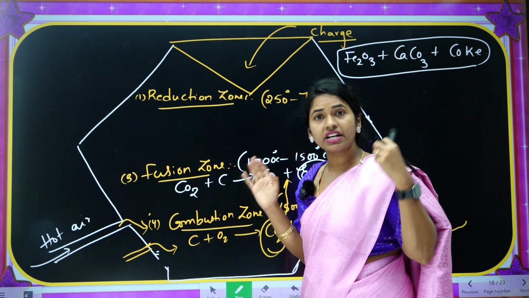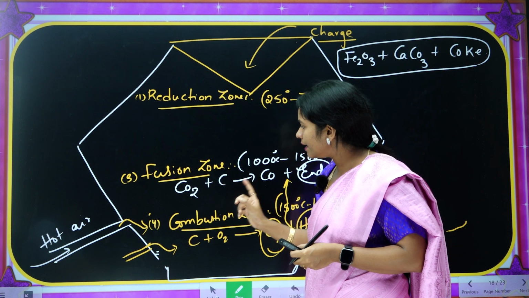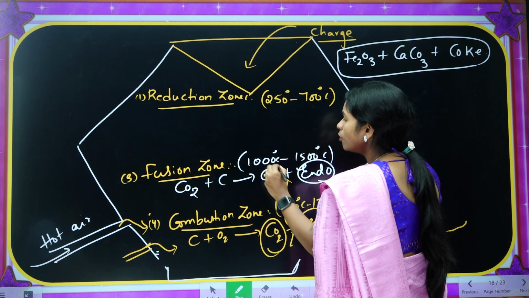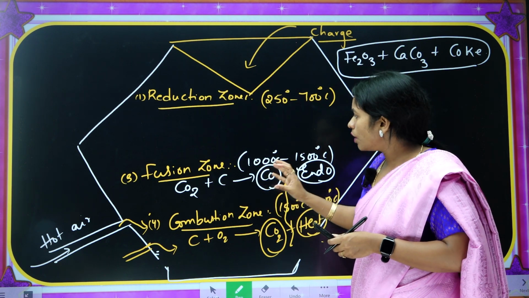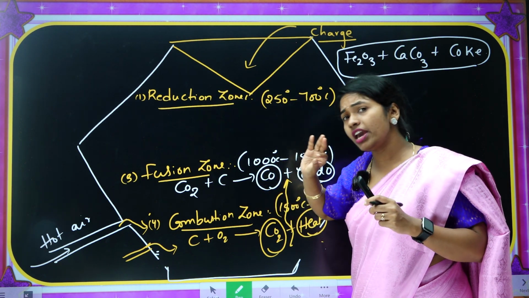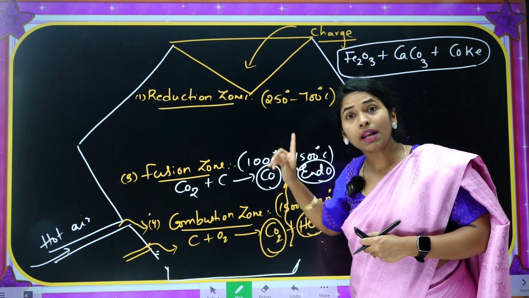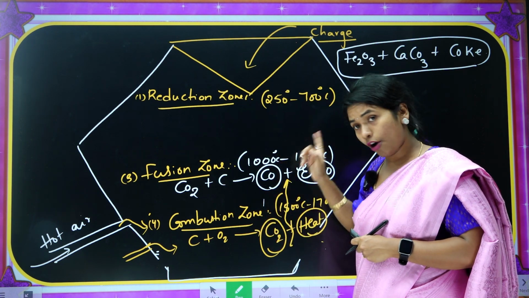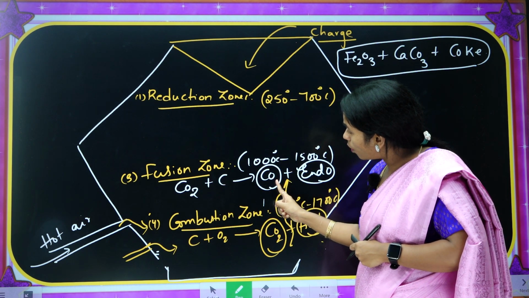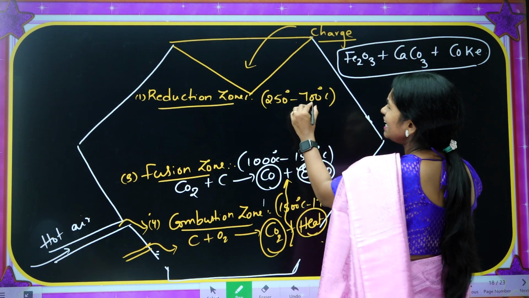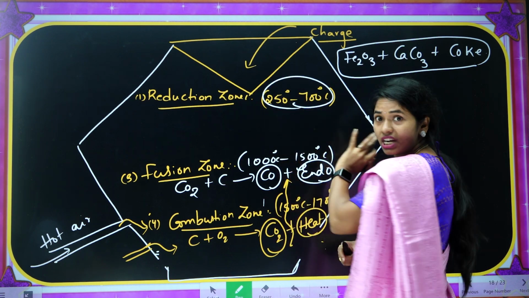That's why the temperature difference came. Got the clarity? Now carbon monoxide came. This carbon monoxide is the best reducing agent. The Ellingham diagram explained about this, which I already uploaded. CO is the best reducing agent. This CO goes up. It needs very low temperature. Around this temperature it is enough.